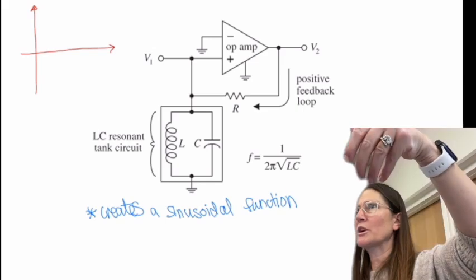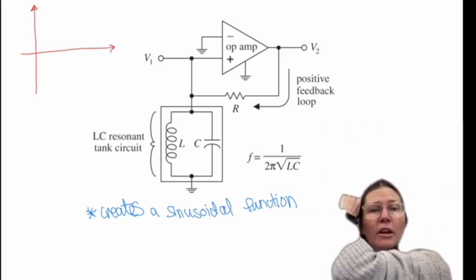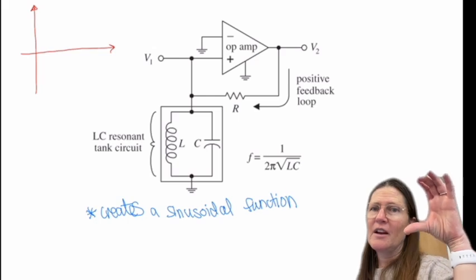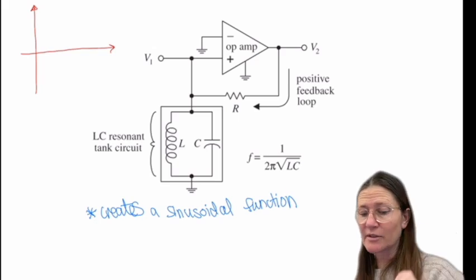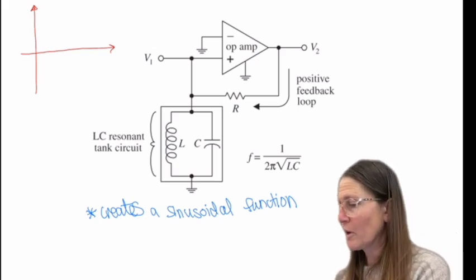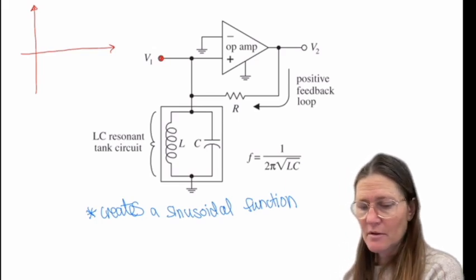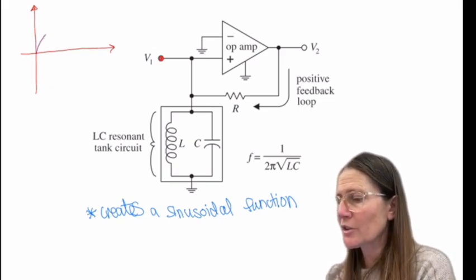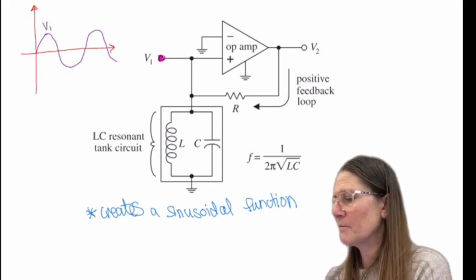So at one point in time, it's going to go one way, and then in the other, it's going to go the other way. If I'm looking at the voltage across them, I'm going to have a plus and a minus going on at both times. So at this node V1, it will actually look like an oscillation in voltage. So it will look like a sinusoid. So this is my V1.